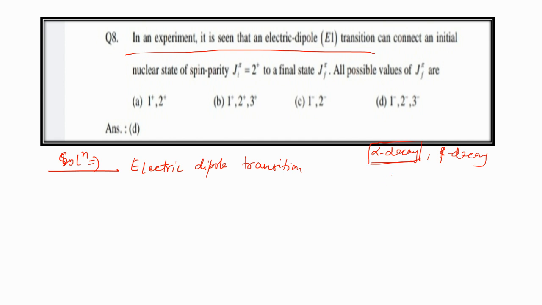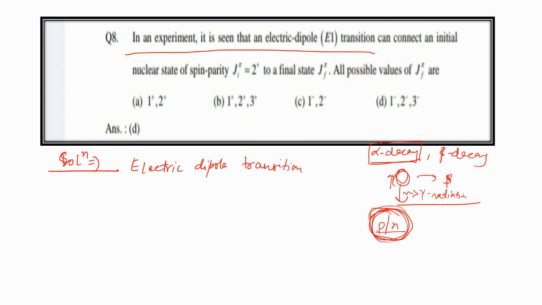After alpha decay, the nucleus will be in the excited state, and the same goes for beta decay. If it wants to come to the ground state, it will emit radiation, gamma radiation, right? And your nucleus is charged because it contains protons and neutrons, right?